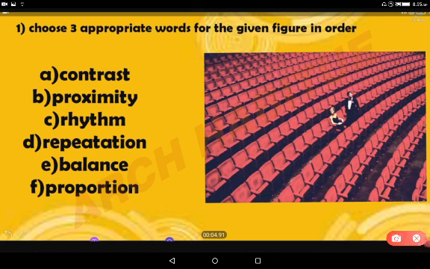Is there a contrast? Yes, there is a contrast between black and red colors, but it's not much seen in the picture throughout. Yes, the contrast varies over here, and here the contrast vanishes. So we can keep that aside.